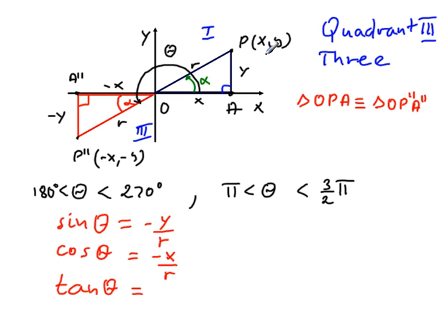Tangent theta from quadrant number 1, opposite over adjacent, negative y over negative x will result with positive ratio y over x. So in this quadrant, tangent ratio is positive. And the angle theta here in quadrant number 3 is the angle that is greater than 180 and less than 270 degrees, or greater than pi radians and less than 3/2 pi radians.